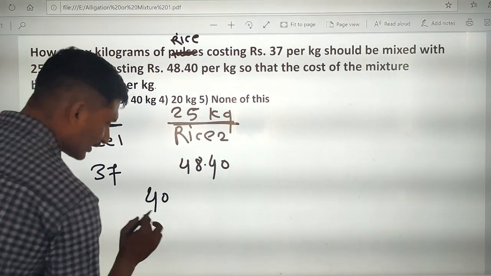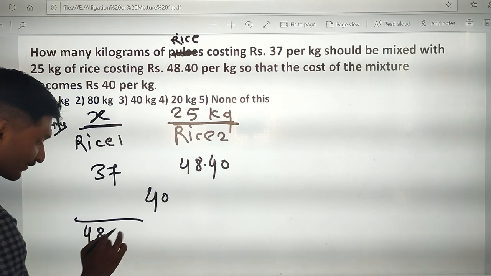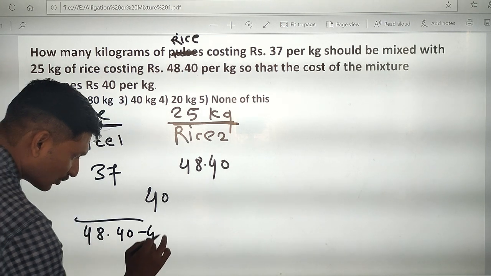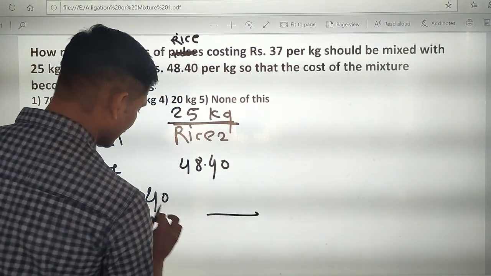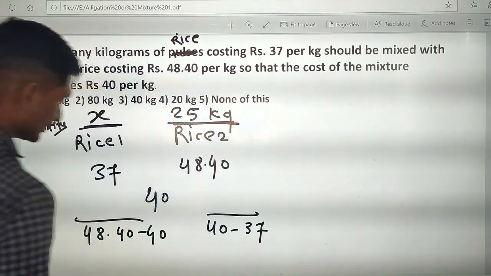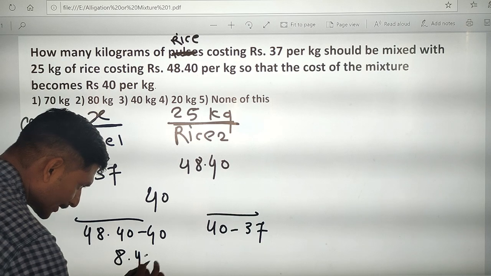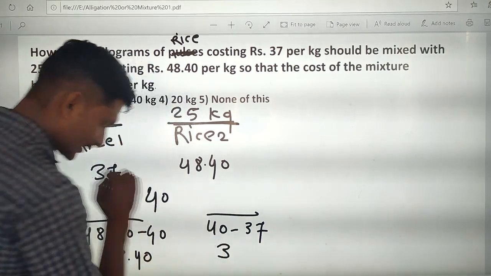Now here we take the subtraction of these two: 48.40 minus 40, and the subtraction of these two: 40 minus 37. Here the subtraction is 8.40 and here the subtraction is 3.